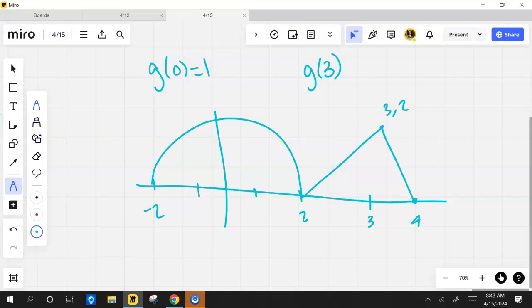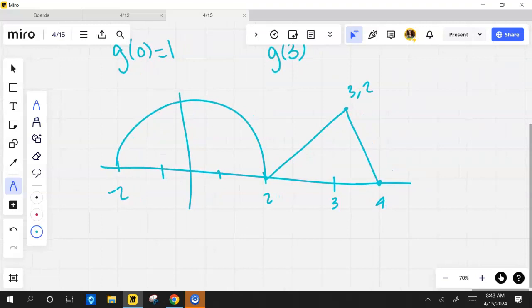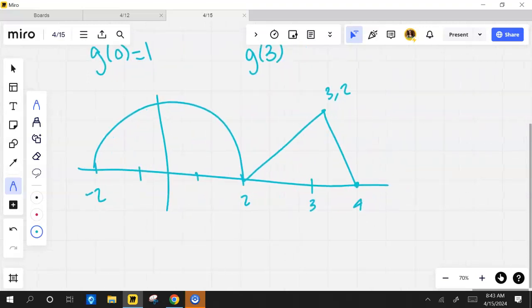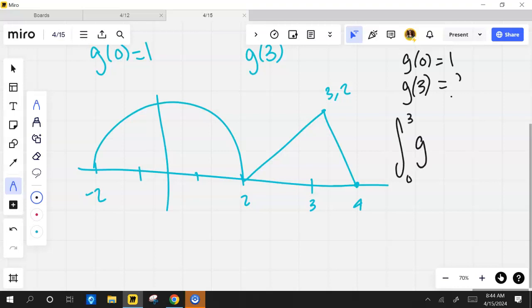What I'm wanting, they're asking me g of 3. This is the one where I have to use the fundamental theorem. And they give me g of 0. So how am I going to relate g of 0 and g of 3 given the derivative? Well, I do the integral from 0 to 3 of the derivative, because that's what I've been given, right?